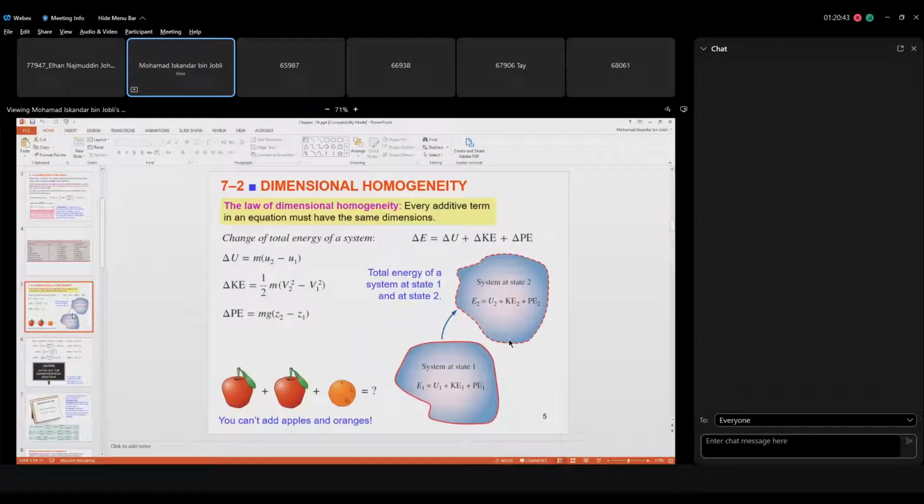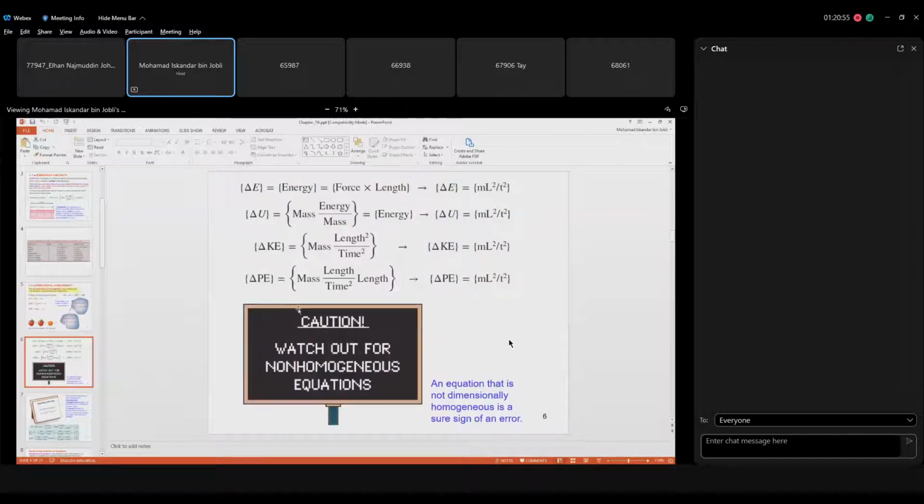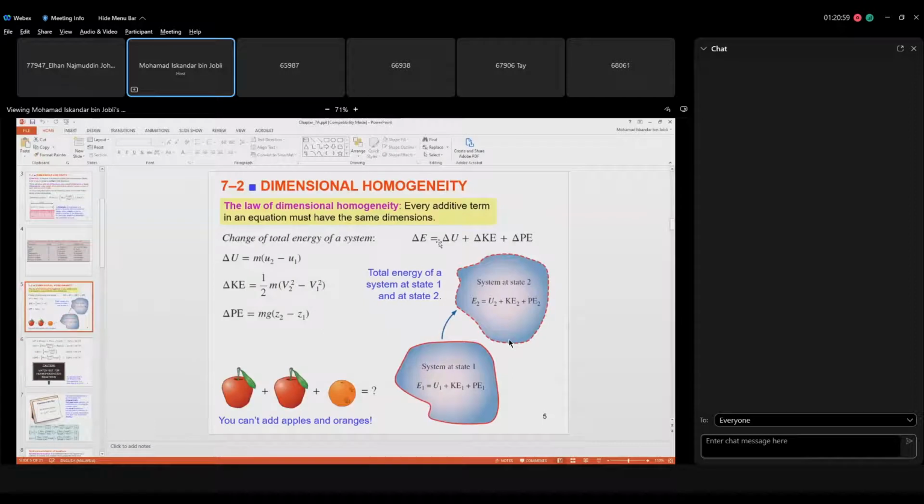In order to check whether this equation is homogeneous, or dimensionally correct, this is how you do it, fellas. I repeat, if I ever ask you to prove whether this equation is valid, or dimensionally correct, that is the form of question I'm going to ask you.